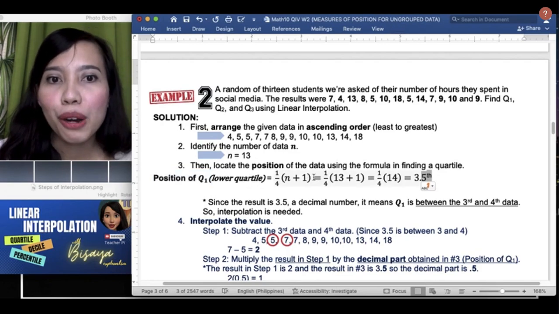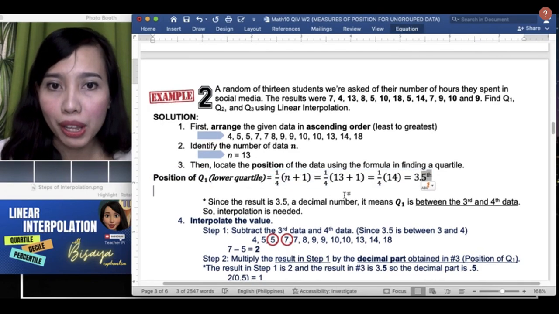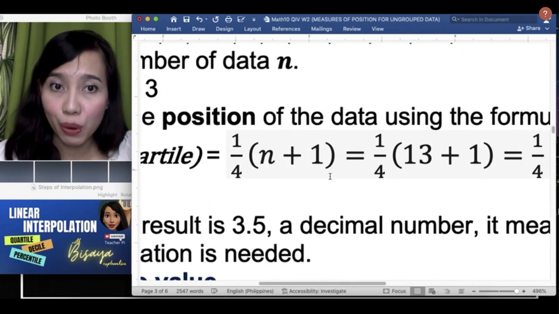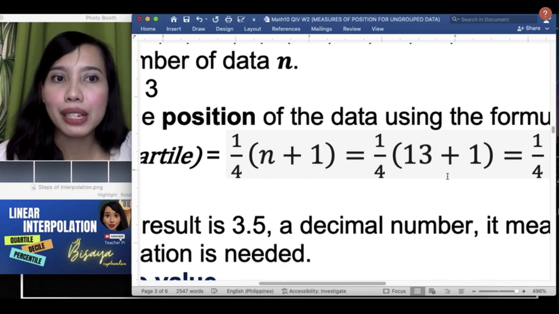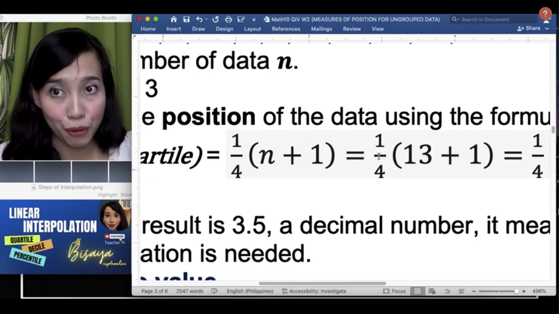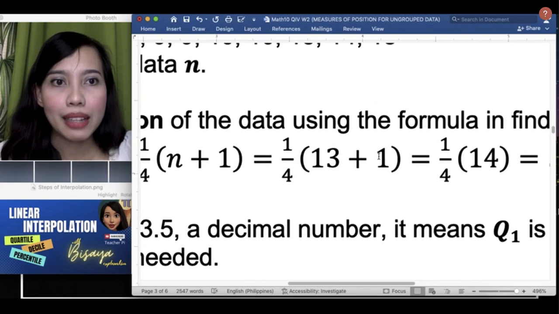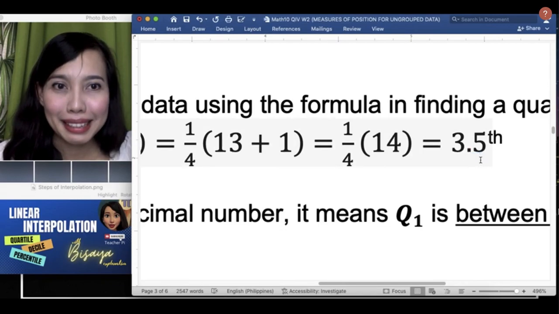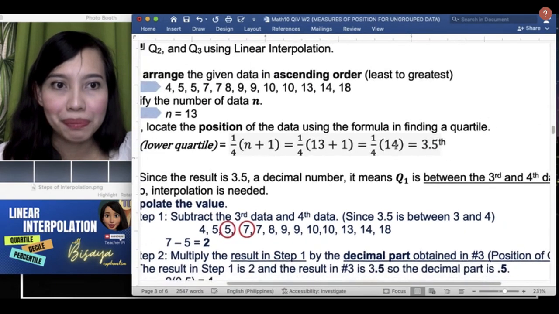The formula is 1/4 times the quantity n plus 1. Since n is 13, we have 13 plus 1, multiplied by 1/4, and we will get 3.5. We put the 3.5 in our data set. So the 3.5 is not yet our Q sub 1.